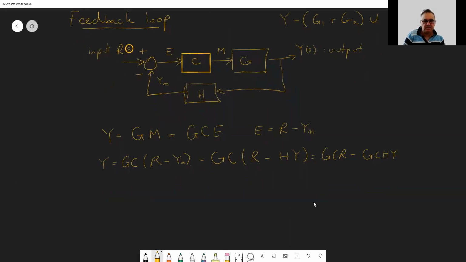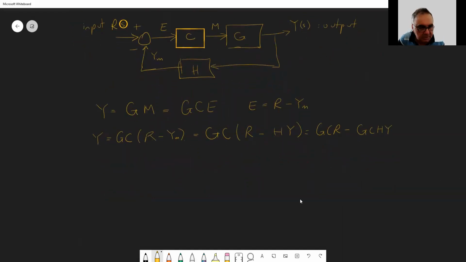We can carry the Y to the other side and we get Y plus GCHY equals GCR. So you can put Y in parentheses and get the following: Y times 1 plus GCH equals GCR.